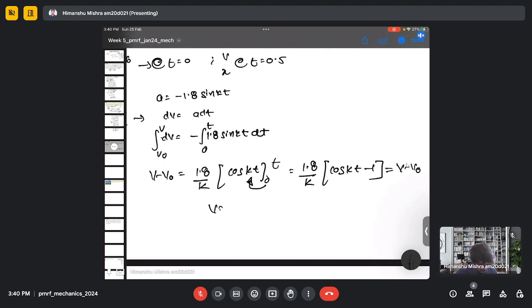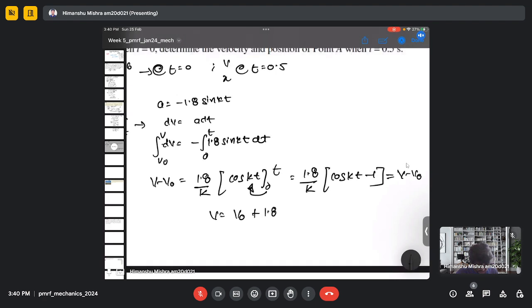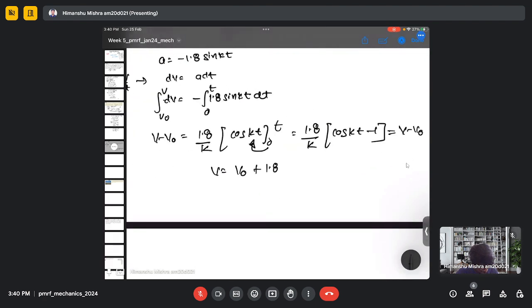So v equals v naught plus 1.8 and k is 3, and v naught is 0.6. Now I need to find the velocity at time t equals 0.5.